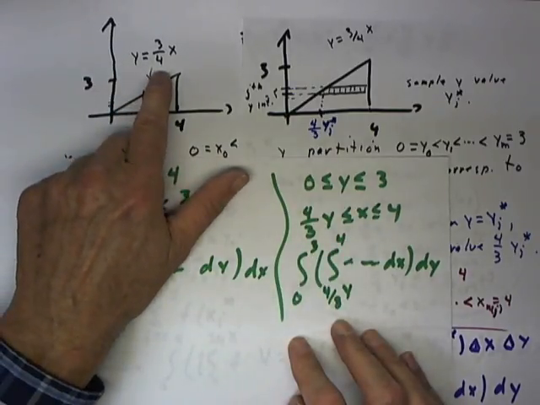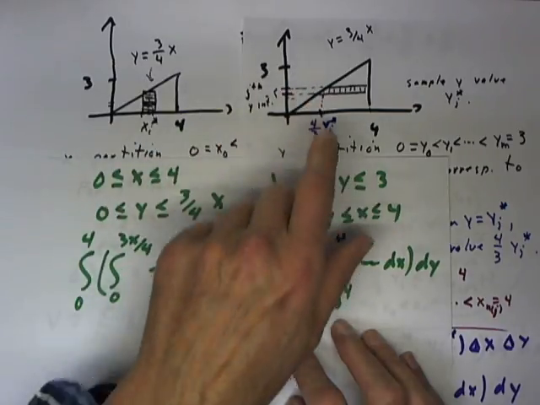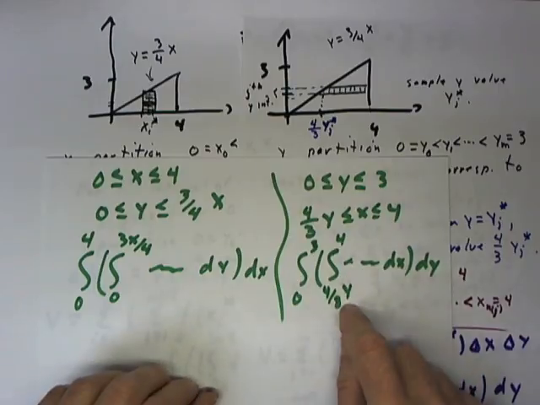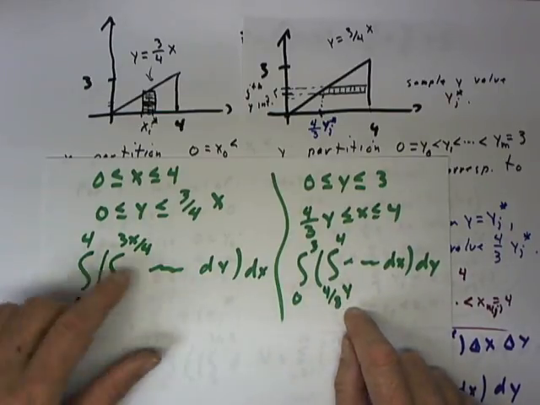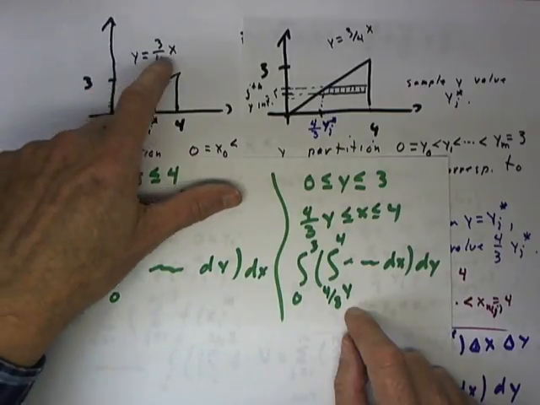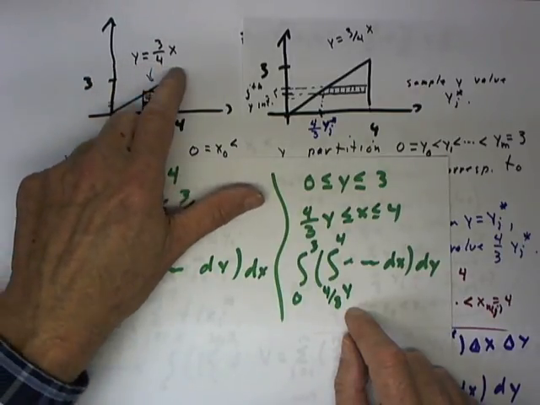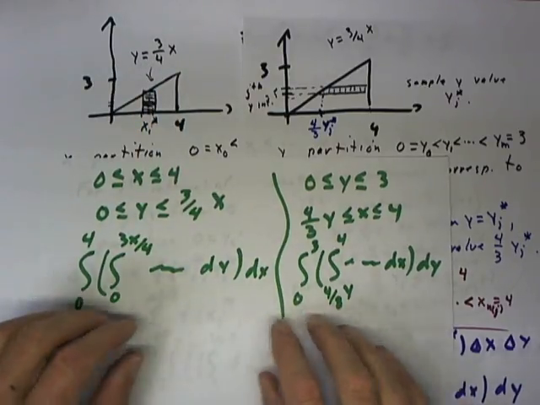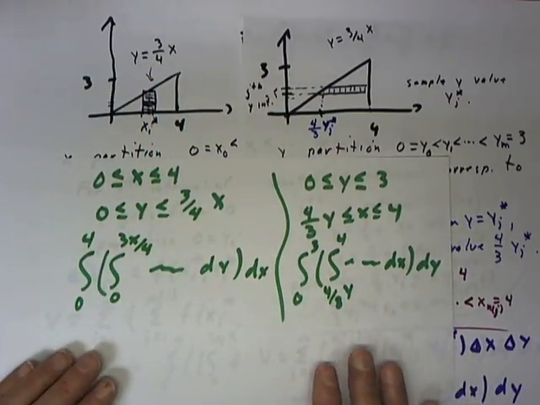Y equals 3/4 x, for example, can be solved to give us x equals 4/3 y, which we use in this form of the integral. In this form we use the 3/4 x. So we have a definition of our y in terms of x. We can of course solve that then for x in terms of y and use whichever one gives us the more elegant picture.